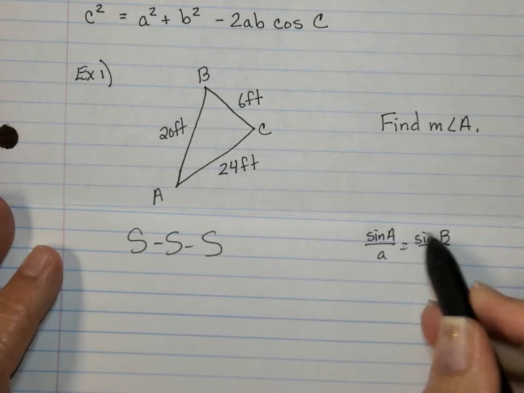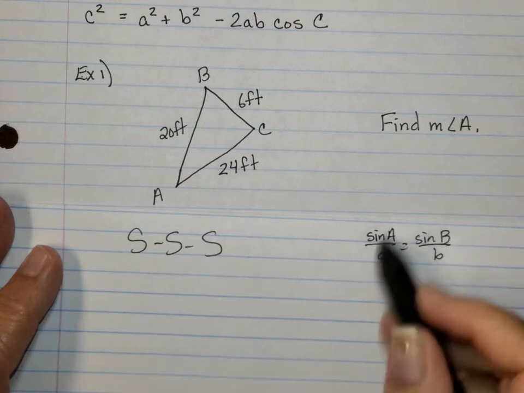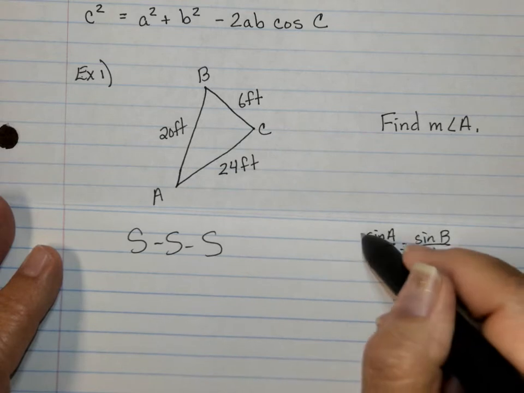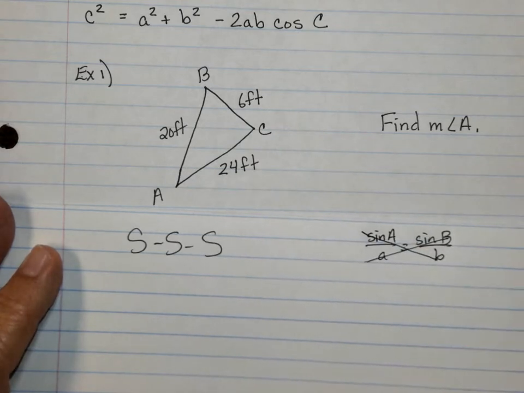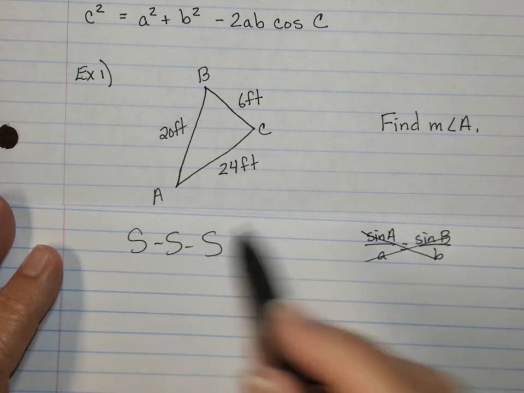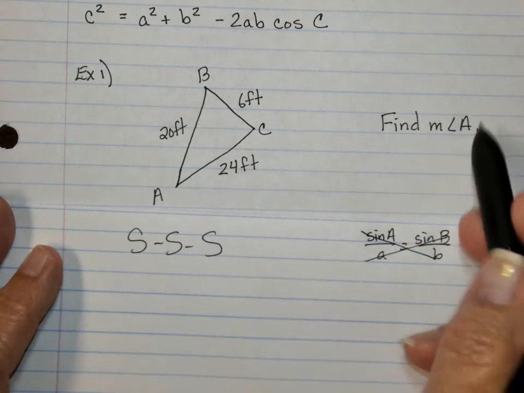You can't be missing both angles and use law of sines. If you don't have any angle measurements whatsoever, law of sines is not going to work out. So we're going to use law of cosines, and we're asked to find the measure of angle A.